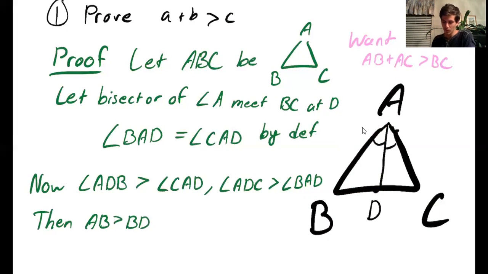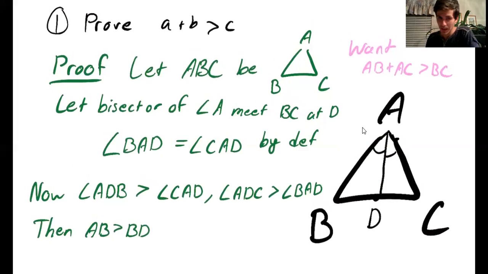And that's because of another property: if two angles are unequal, if this angle over here, ADB, is bigger than this angle, then in the same way, the opposite side is going to be bigger than the other one. So this angle goes to here, this angle goes to here.